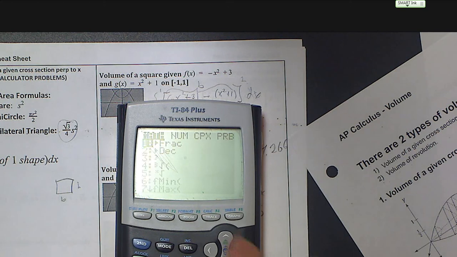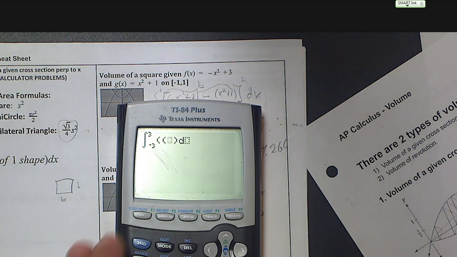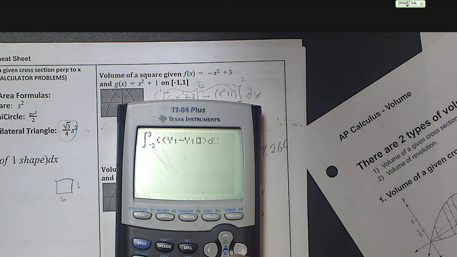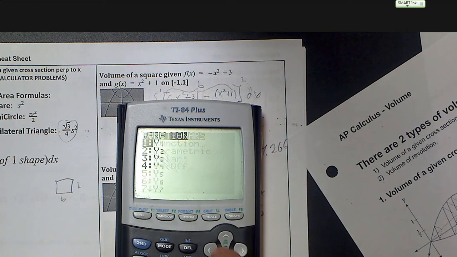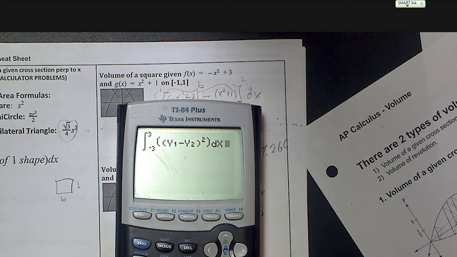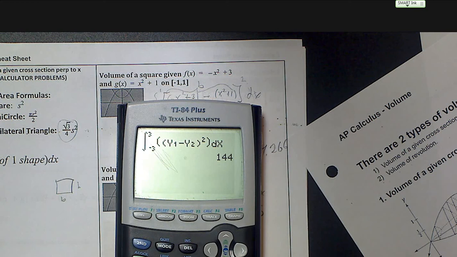Then math 9, negative 3 to 3, parenthesis, bars, Y1 minus Y2, close your parenthesis and squared. Be good? Do the second one.